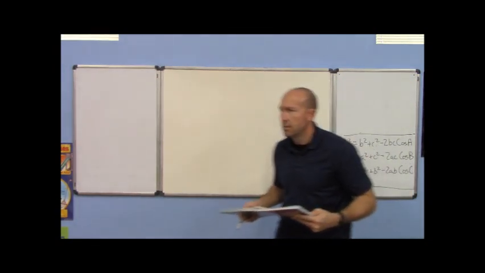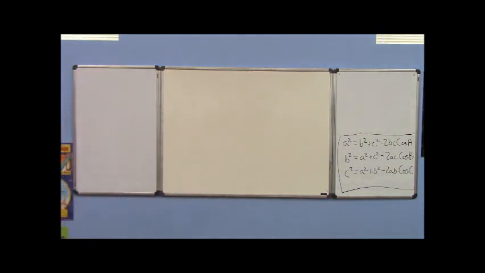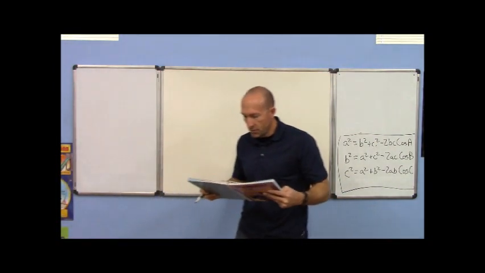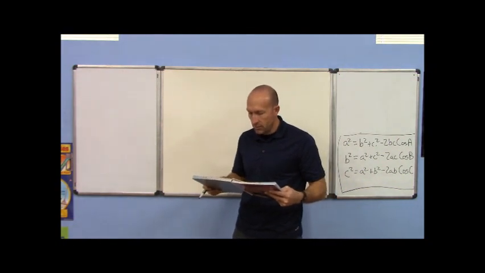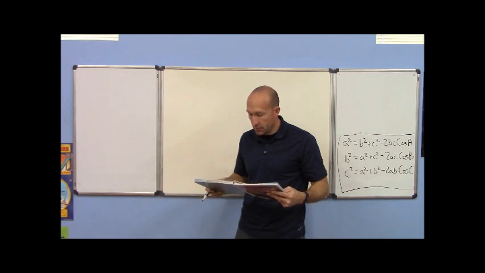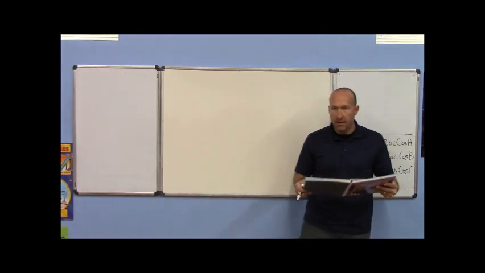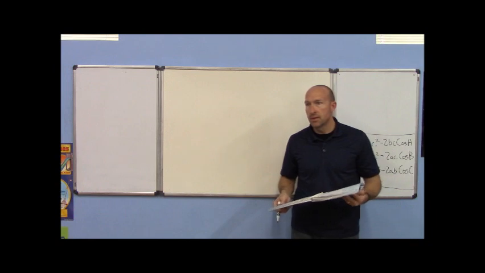On this homework, 11.2, I don't want you to identify it. Actually, you know what? I do want you to do that. Classify? Yes, you don't have to worry about side, angle, side. Just identify if it's law of sines or law of cosines.